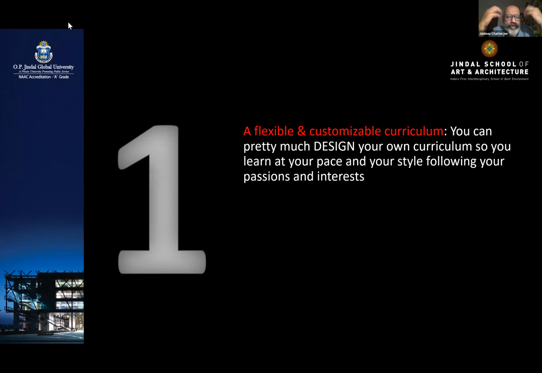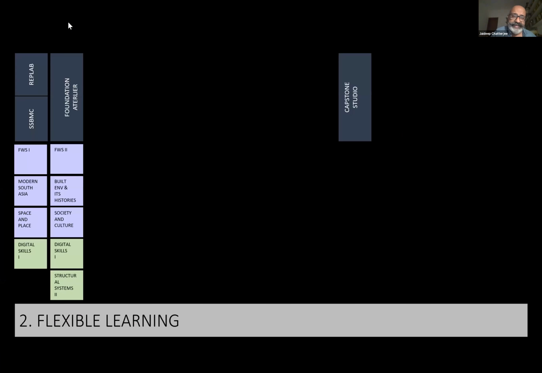Over the years and years of experience, one has realized that students come with their own knowledge systems. They come with their own way of learning, with their own passions, with what they want to do first, what they want to do last, and they'll all learn at different speeds. So why do we have a one size fits all? Now, at the JSA, what we do very interestingly is this.